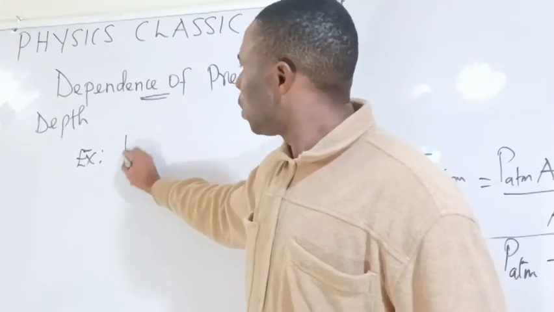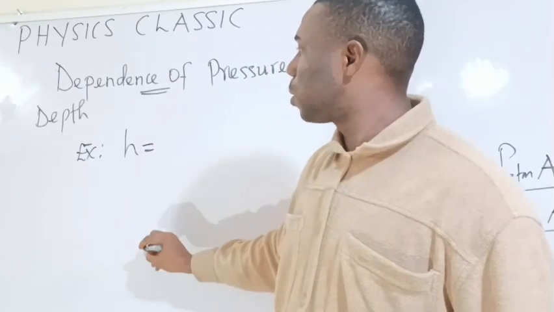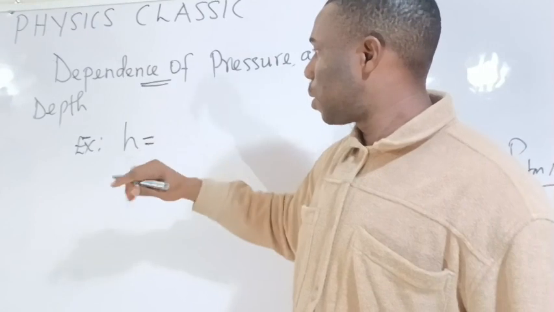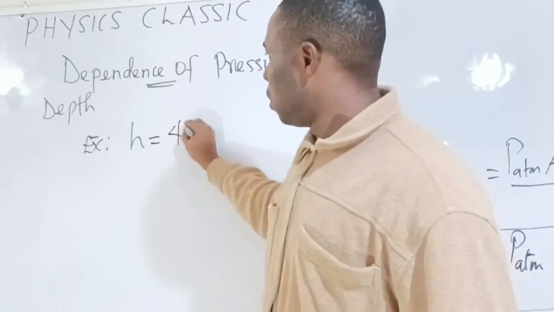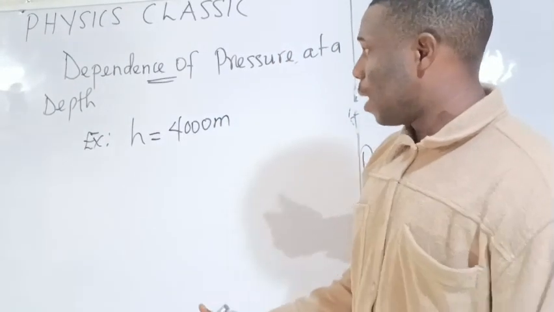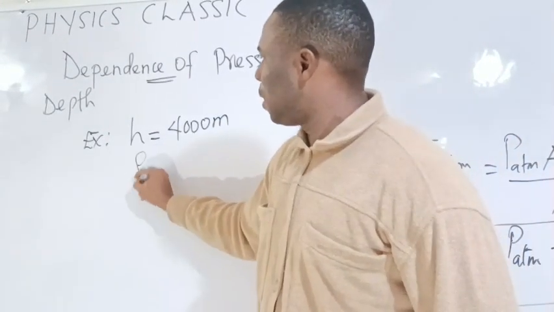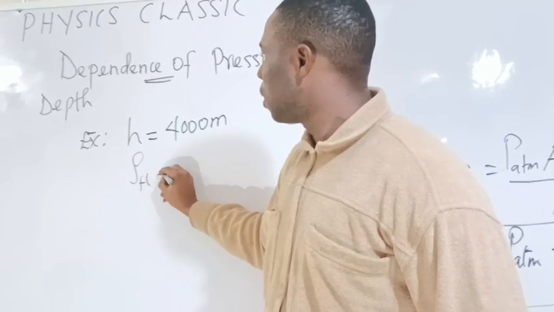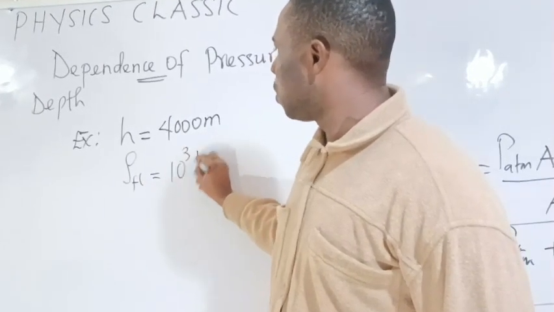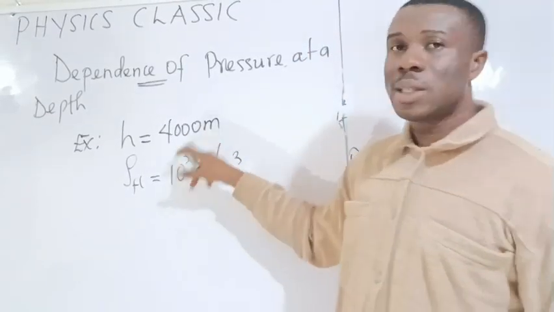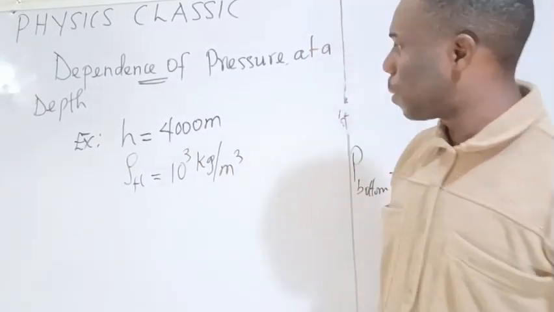The depth below the surface of the North Atlantic is roughly 4,000 meters. And of course, I do know that the density of water, which is the fluid in this case, is 1,000 kilogram per cubic meter, roughly. Actually, it's 1025 kilogram per cubic meter.